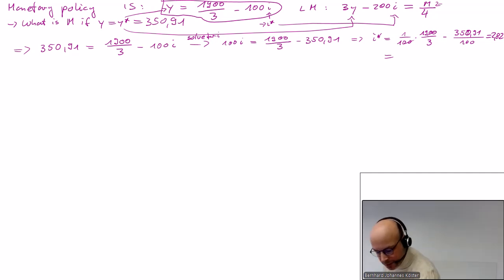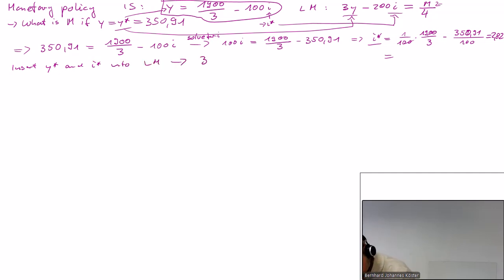Now we have i star and y star, and these two we just insert into our LM curve. So insert y star and i star into LM.